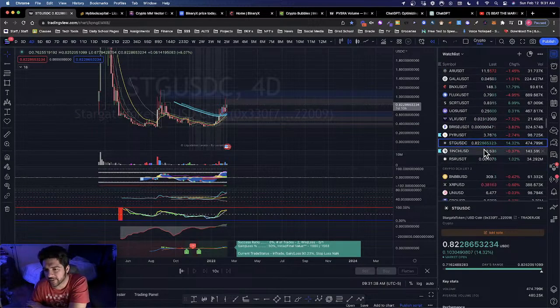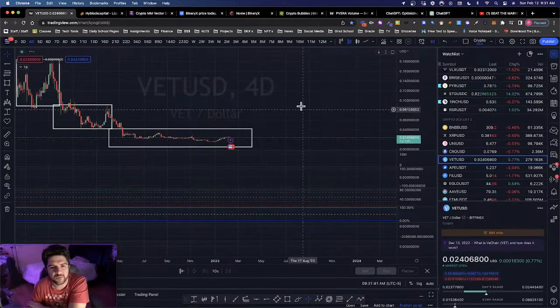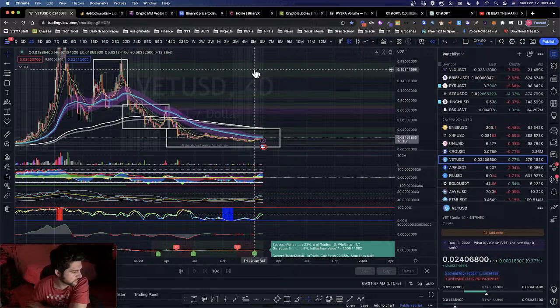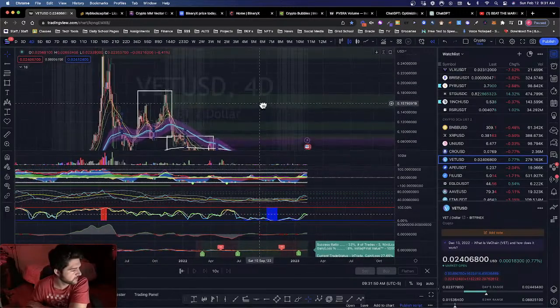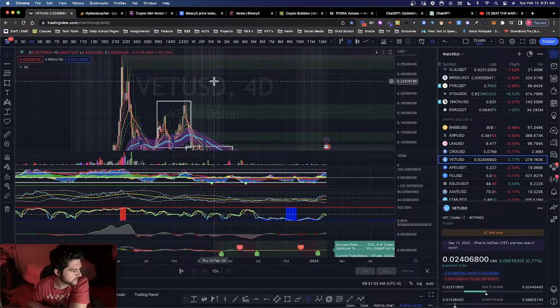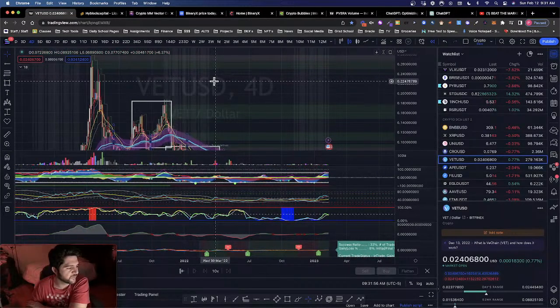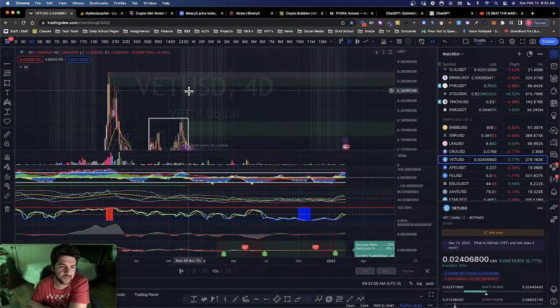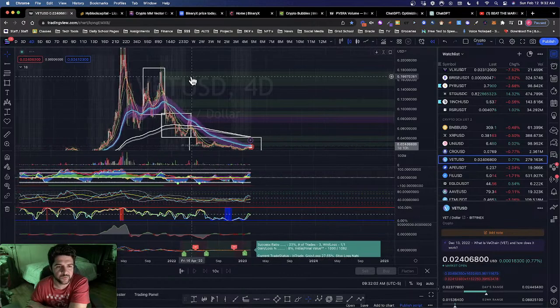What could VET go back to? There's green up here, 16 cents, right? $1.65 on VET for all that. Whoa, $1.65, wait, that doesn't make sense. Oh, maybe 65 cents. No. What could VET go back to?